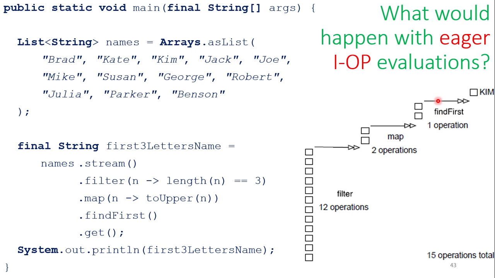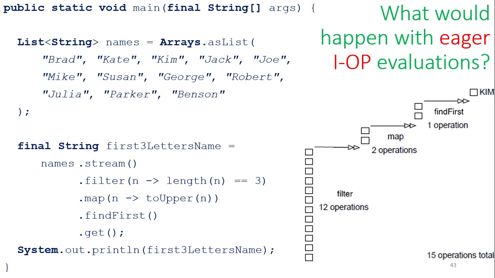We apply findFirst to the first element of the stream, and it terminates because it just needs the first element. So the end result is going to be Kim, uppercase K-I-M. Total: 12 plus 2 plus 1, 15 operations to process that stream and get that result, assuming eager evaluation on the part of our intermediary operations.